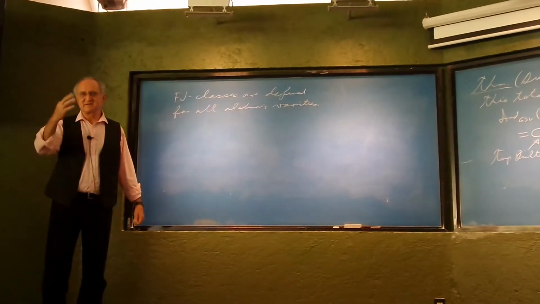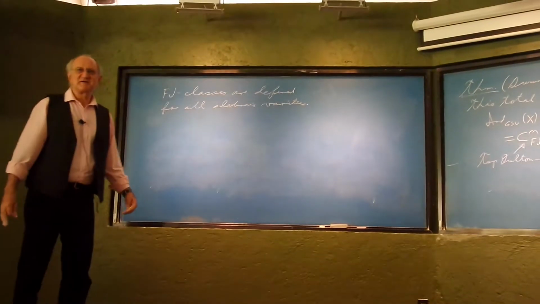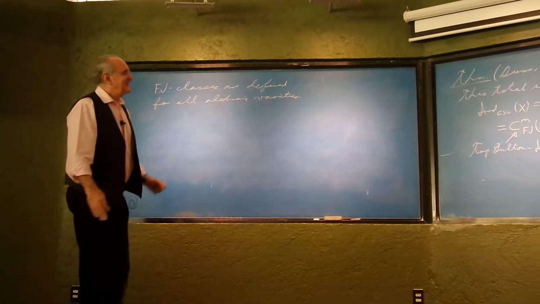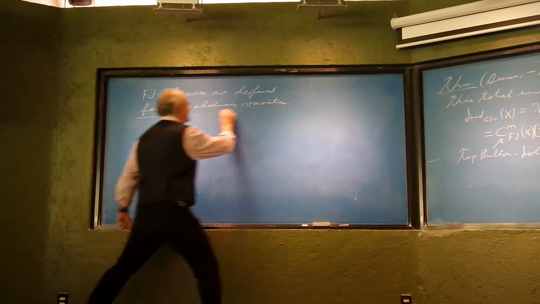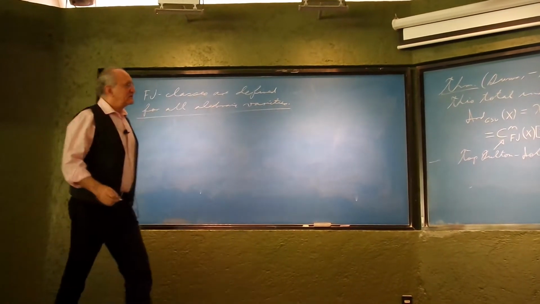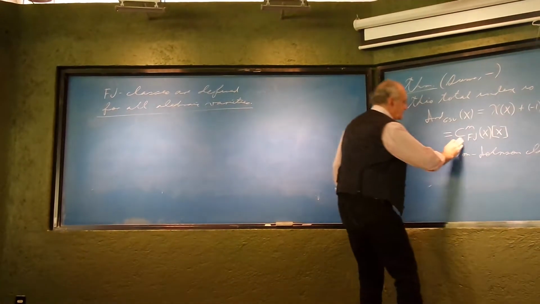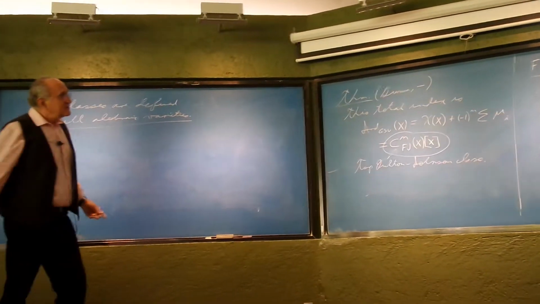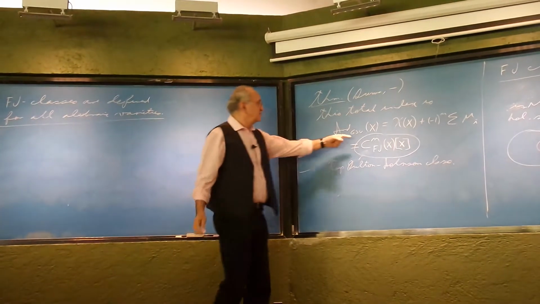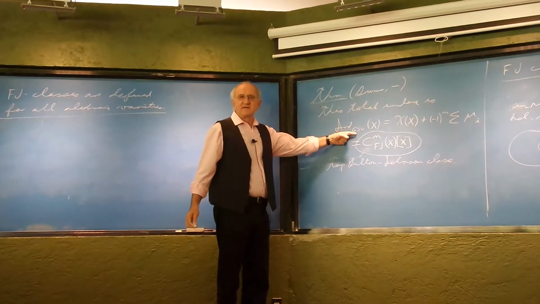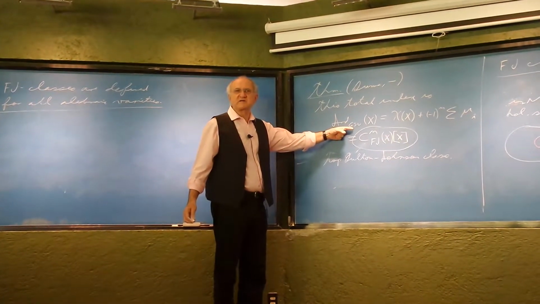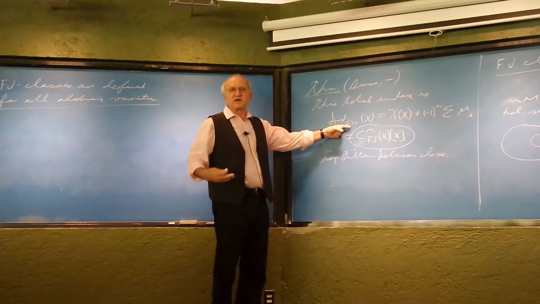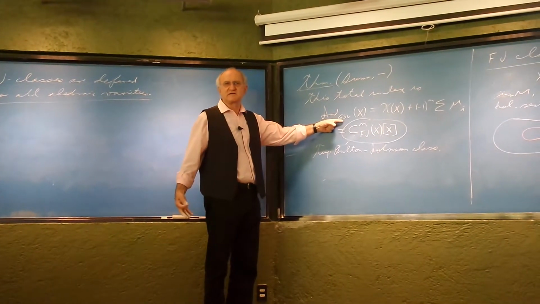Roberto can explain if you want. Okay? So this side is defined in a very general setting. Now, the GSV index is only defined for vector fields on isolated hypersurface or isolated complete intersection singularities.